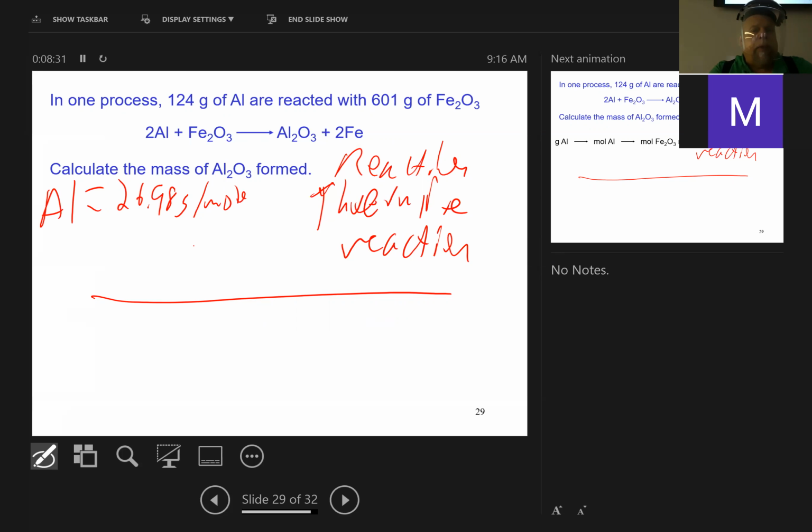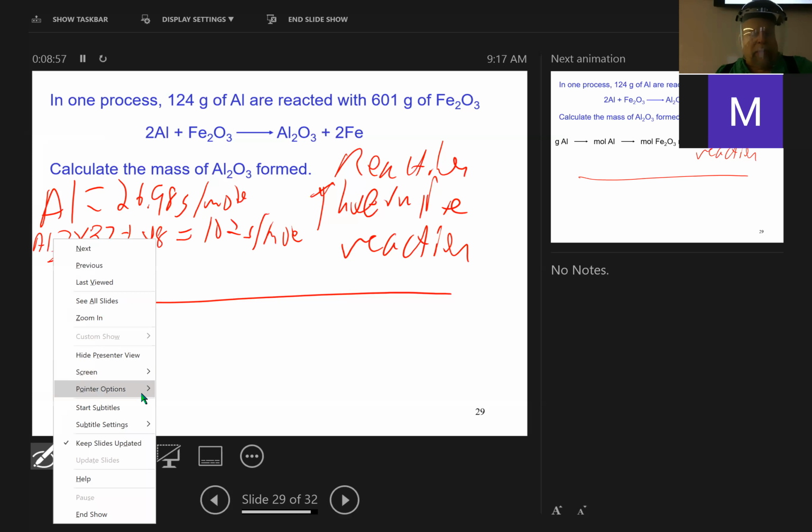Well, then aluminum oxide, you have 2 times 27 plus 60 plus 48. So that's 54 plus 48 is 102 grams per mole of aluminum oxide. Okay. So basically that's the first part there.